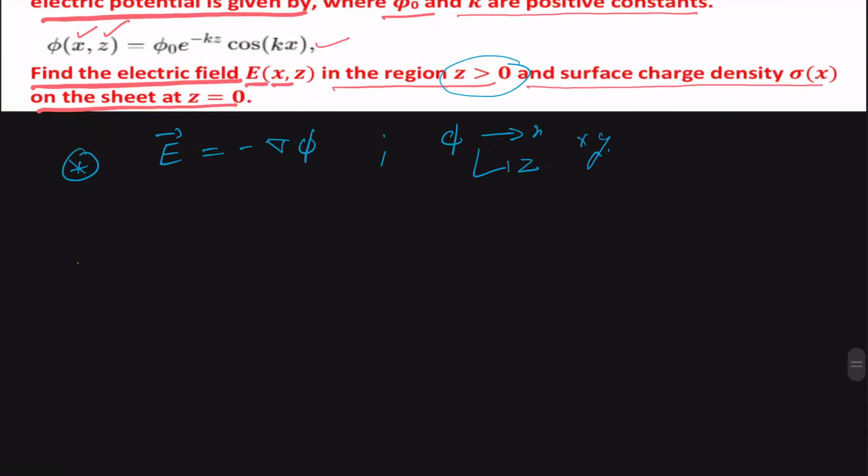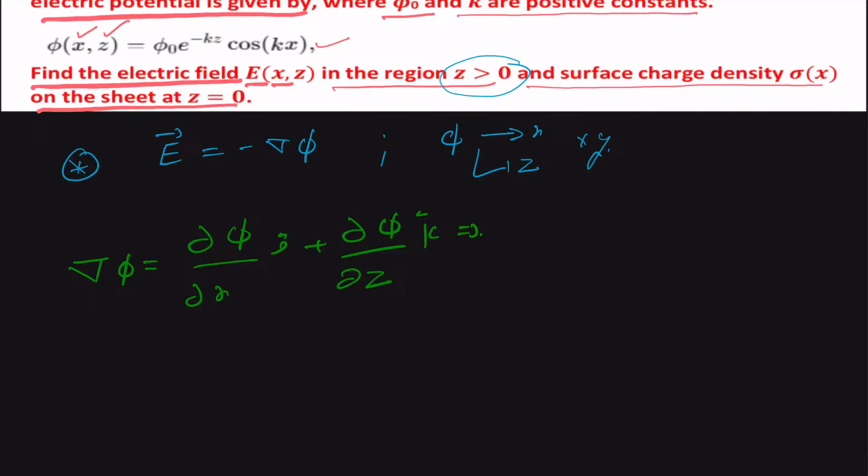Therefore we can write the gradient of our potential will be equal to the partial derivative of potential with respect to x in the x direction, plus the potential in our z direction, with k unit vector.